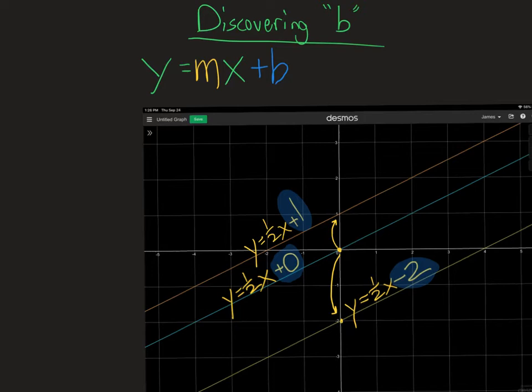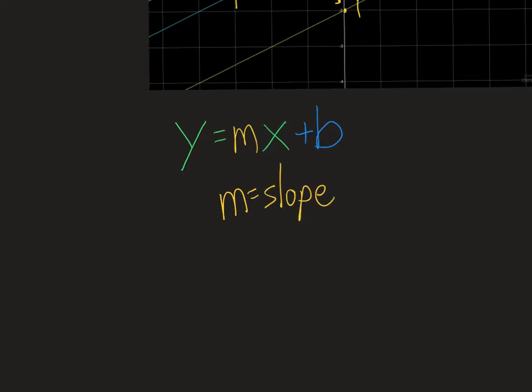Let's make this explicit. Let's define this right now for you. Okay, so m equals our slope. It's always going to be written as the y over the x, and it's often called rise over run.